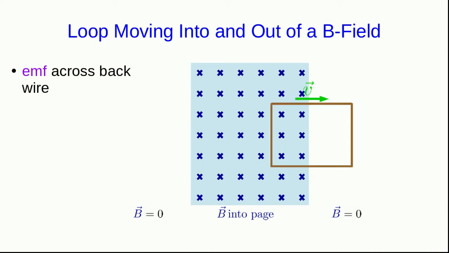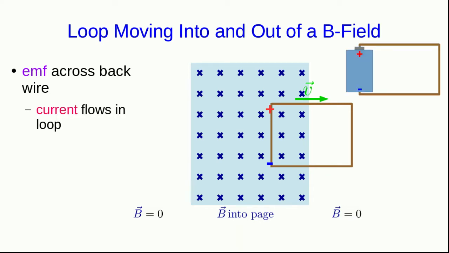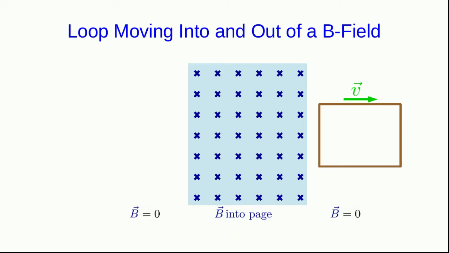And now later, the loop is exiting the region of the field. There's no EMF across the front, but there is an EMF across the back wire. And so it's like this situation with a battery, and once again, current will flow in the loop, but now it's going clockwise. And finally, the loop exits the field, and we're back to nothing going on.